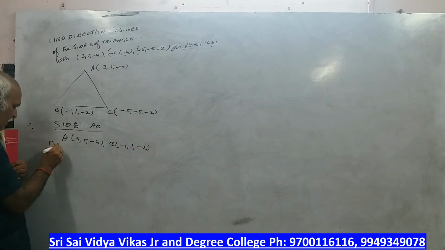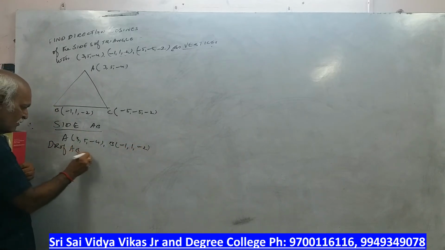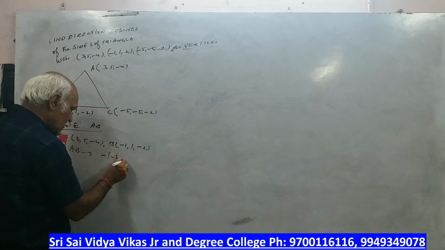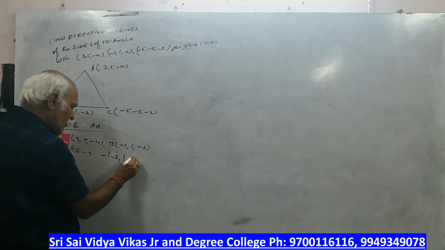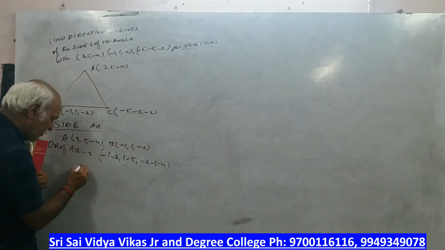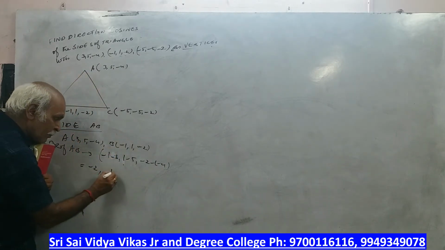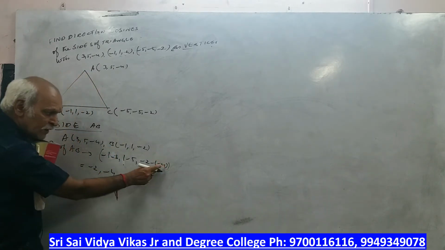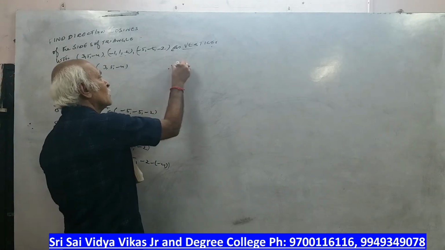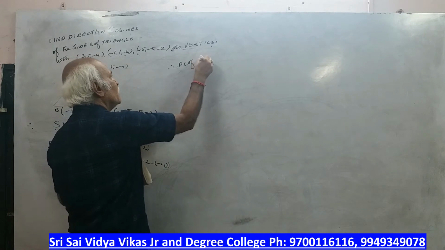Therefore, DR of AB. So what will happen? Minus 1 minus 3, comma 1 minus 5, comma minus 2 minus of minus 4. The differences are minus 4, minus 4, and minus of minus becomes plus, so it becomes 2. Therefore, DC of AB.